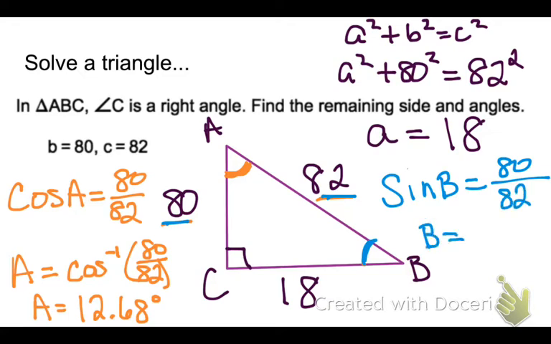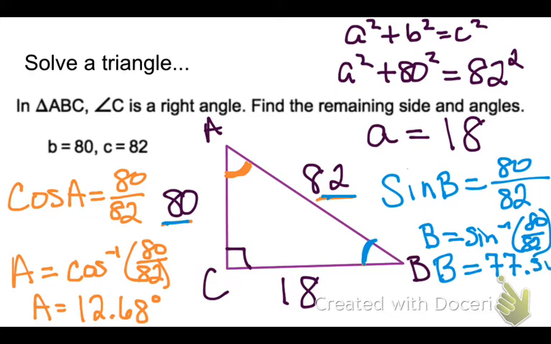So to get B by itself, we use sine inverse of 80 over 82, which means B equals 77.32 degrees.